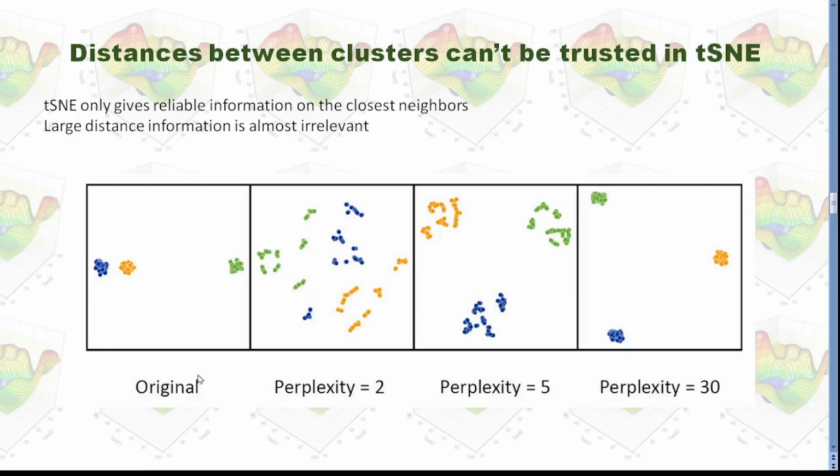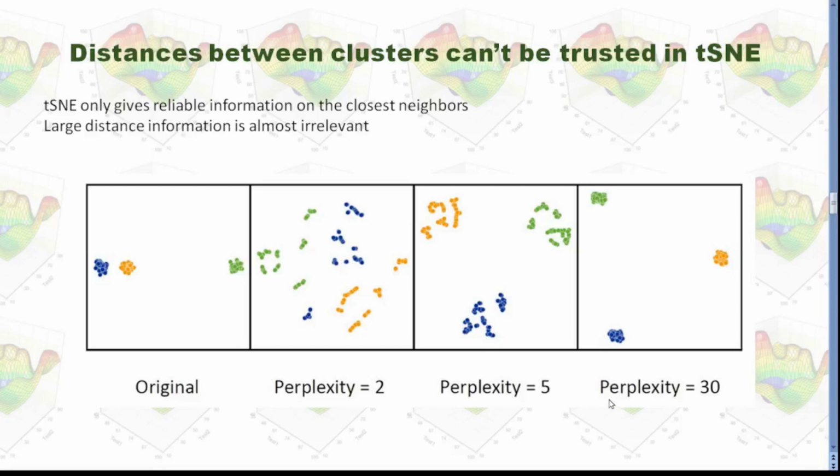In these original data points, you can see we have 3 groups, and the blue and orange are kind of close to each other. If we choose perplexity equal to 2, we can't really separate them. And if you choose perplexity equal to 5, they are separated with almost the same distances from each other.